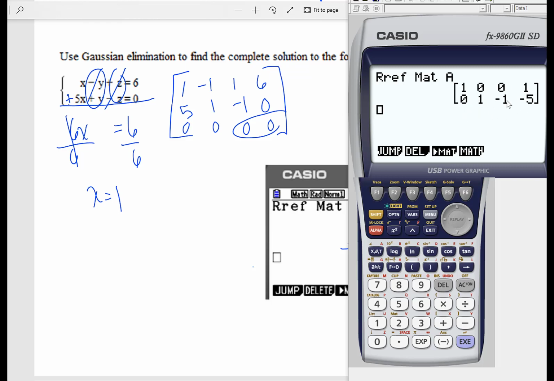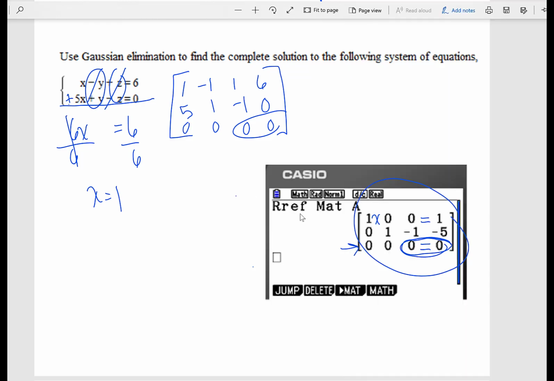Right here, we can actually express it a certain way, so let me just talk about that briefly. I have x equals 1, and then here I have y minus z equals -5.